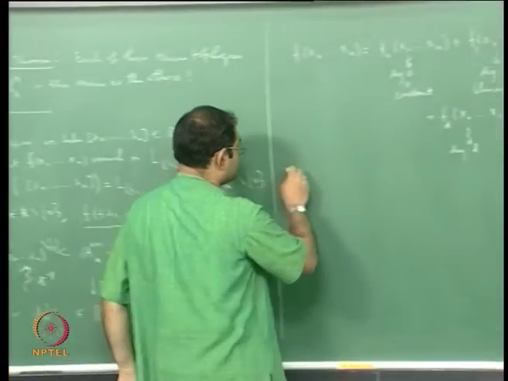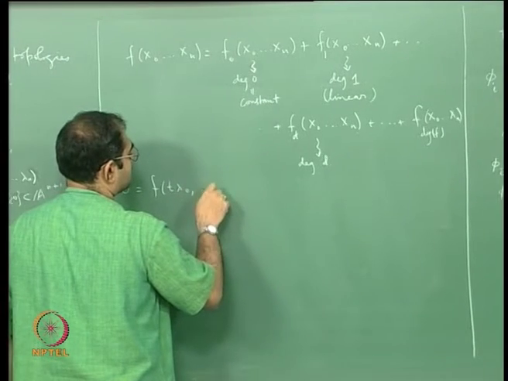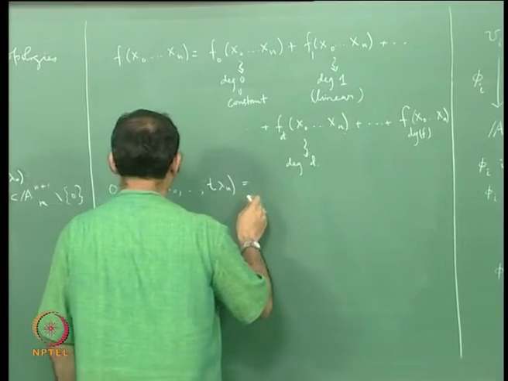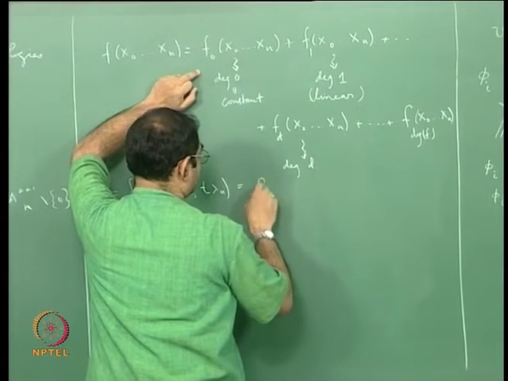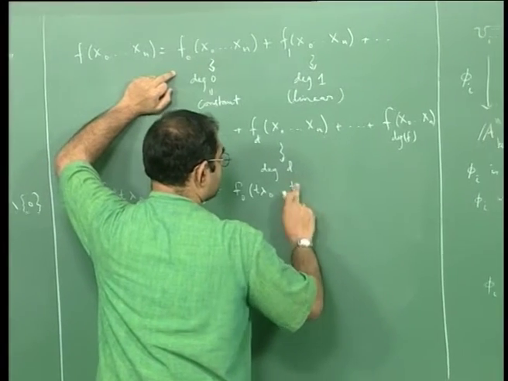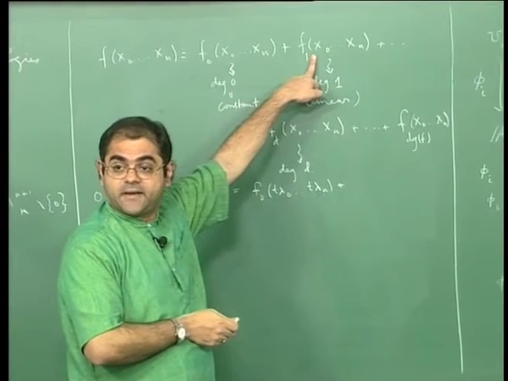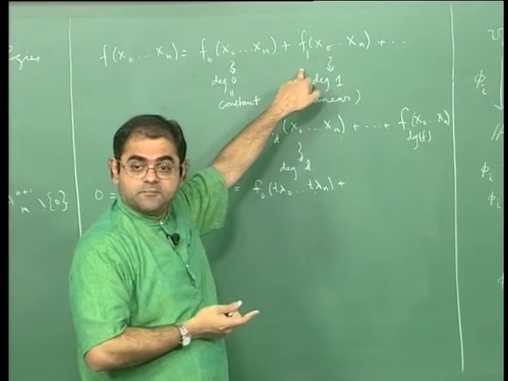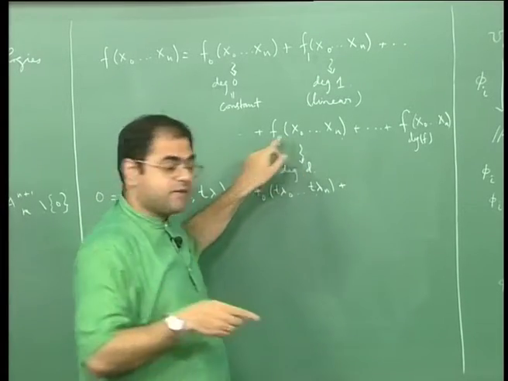So what it will tell you is 0 is equal to f of t lambda naught through t lambda n. When I plug this in, this will just remain f naught of t lambda naught through t lambda n, plus, when I plug t lambda naught through t lambda n into f1, t will come out because it is degree 1. Similarly, when I plug it into fd, t power d will come out because it is homogeneous of degree d.